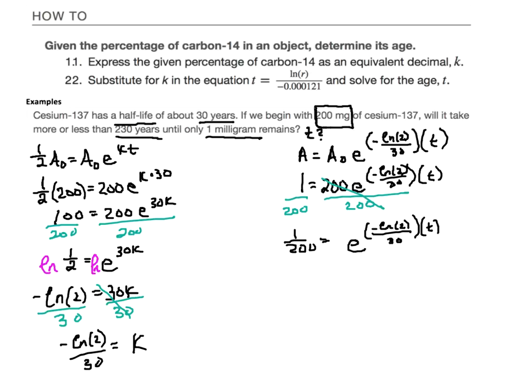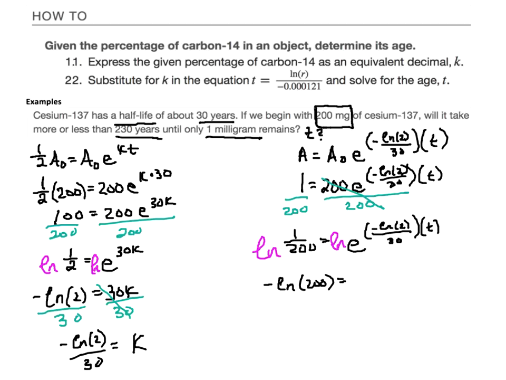I can now take the ln of both sides, the natural log. So notice I'm going to have the ln of 1 minus the ln of 200 on the left-hand side, but I know the ln of 1 is just 0. So this left-hand side becomes the negative ln of 200.